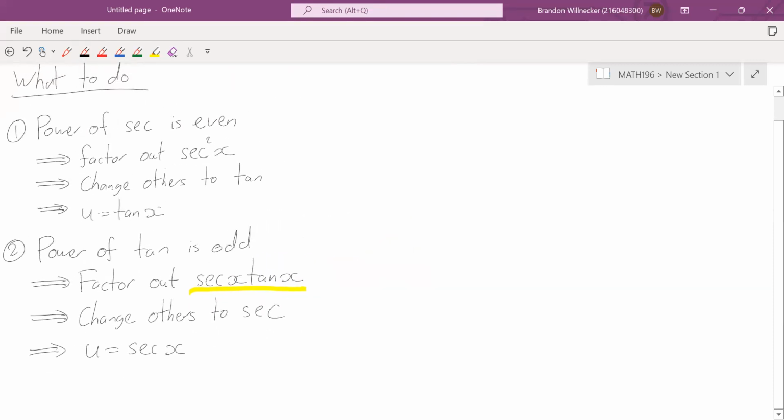Those are the 2 cases that we need to deal with. The problem is, for the other cases, there's no set method to go through. So let's just make a little note here: for the other cases, there's no clear method.